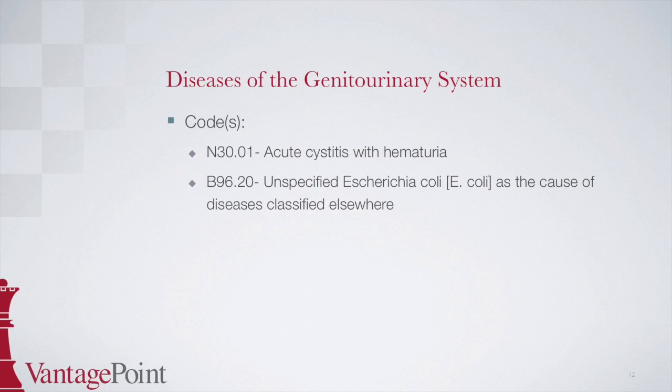To locate this code, start at infection in the alphabetic index, then find Escherichia indented below, and then indented below this, the phrase as cause of disease classified elsewhere, which points to B96.20, which you would then confirm in the tabular.